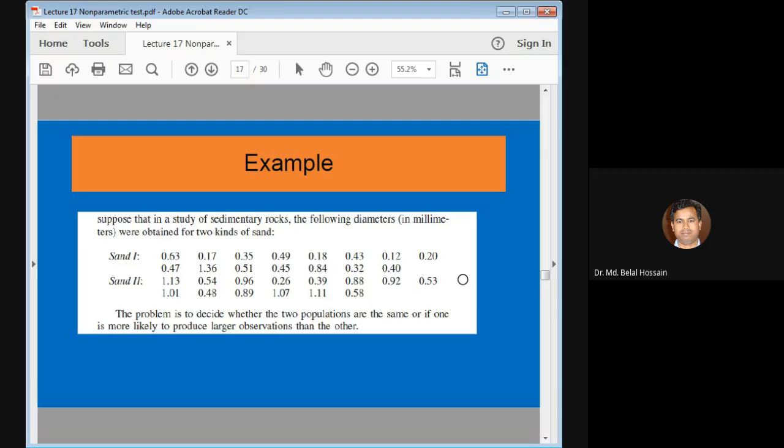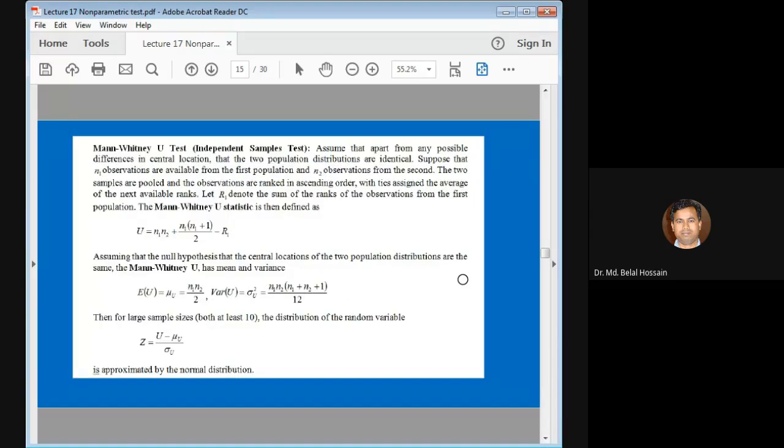এরপর আমরা ফর্মুলা পেজে যাব যাতে করে আপনারা ক্যালকুলেশন করতে পারেন। ওকে স্যার, n1 15, n2 14। I'm not very good at counting, but more importantly, what you have to do, you have to suppose that n1 observations are available from the first population and n2 are from the second population.